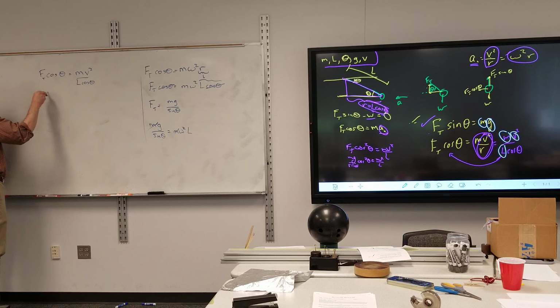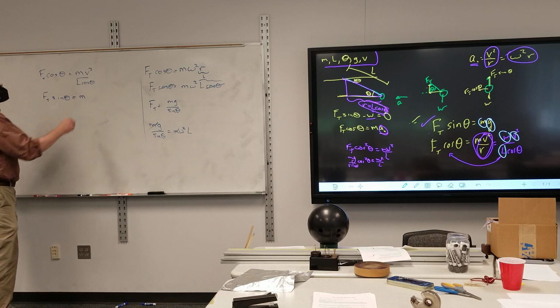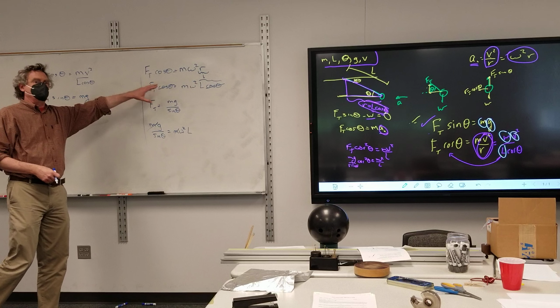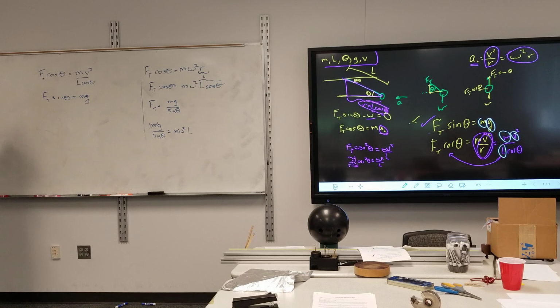And we have tension times the sine of theta is equal to mg. So those questions on that side don't apply now? I mean, this is all valid, but it's just not gonna get us where I wanted it to go.